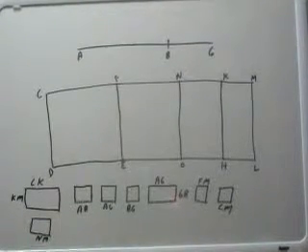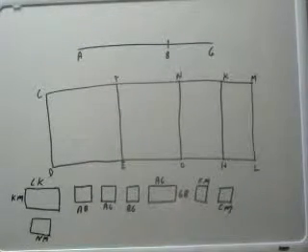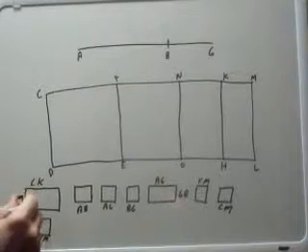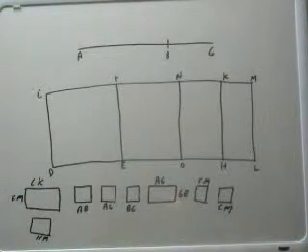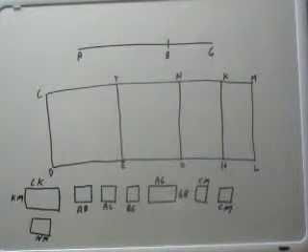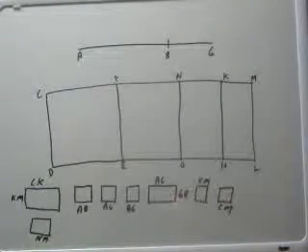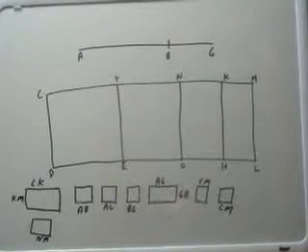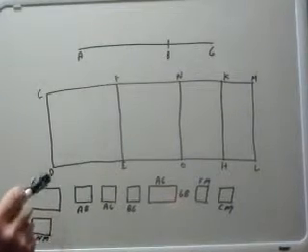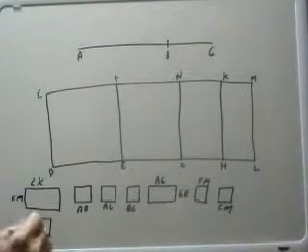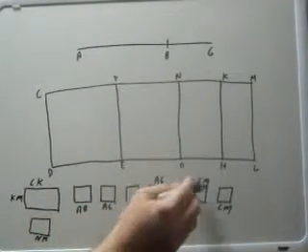Okay. So this rectangle is going to be equal to this, and this happens to be the fourth part of the square on FM.